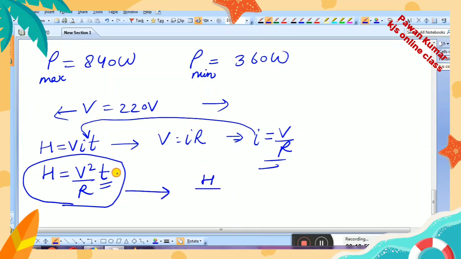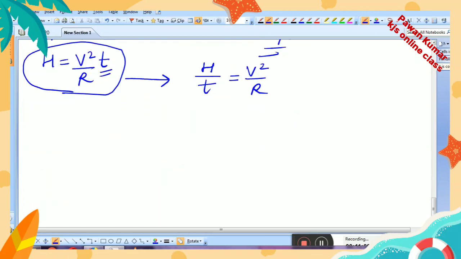If I cross multiply this T, then we have V square upon R is equal to H upon T. I just told you that if you have time in the denominator, then it is rate of. H is energy, so it is the rate of heat energy dissipated. That means we can say it is equal to power. So the power formula will be P is equal to V square upon R.